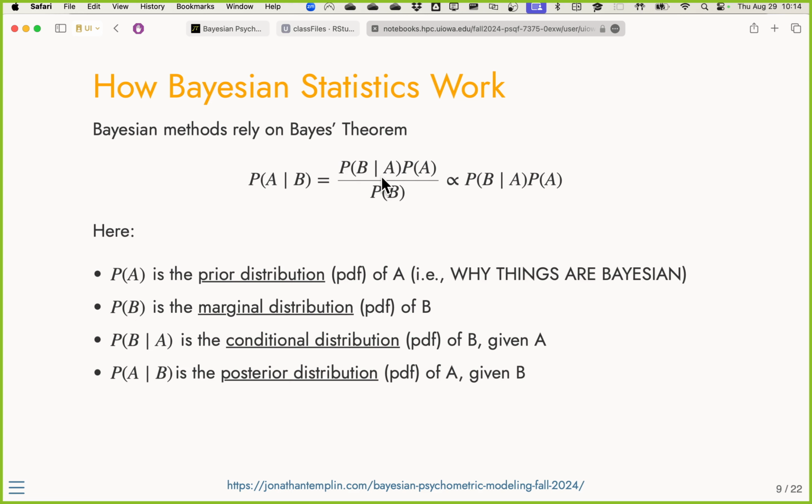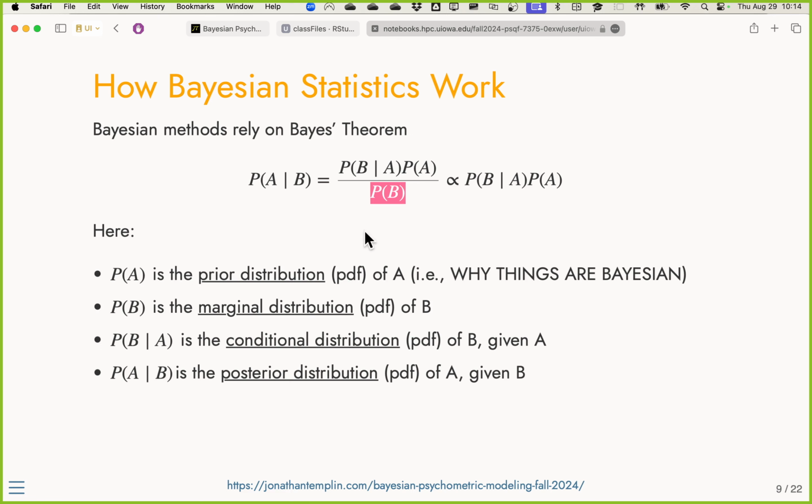Oftentimes, we write this with this term right here, which means is proportional to, and we have the numerator listed on the other side of it. Why we say it's proportional is that the probability of B, in statistics, we sometimes call a normalizing constant. A normalizing constant is something that doesn't vary, it's the marginal distribution of the parameter itself, or the data.